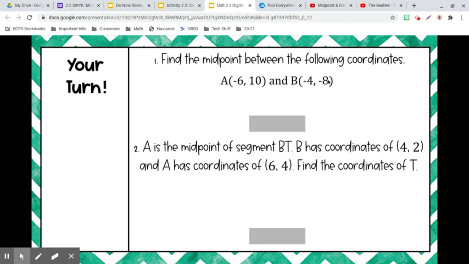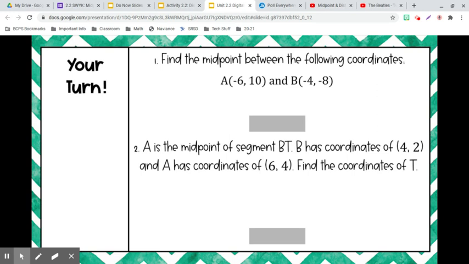Our next question is number 2, and it says A is the midpoint of segment BT. B has coordinates of 4, 2, and A has coordinates of 6, 4. Find the coordinates of T. We just had a problem like this. And just like when we were doing segment addition and angle addition, let's draw it out.